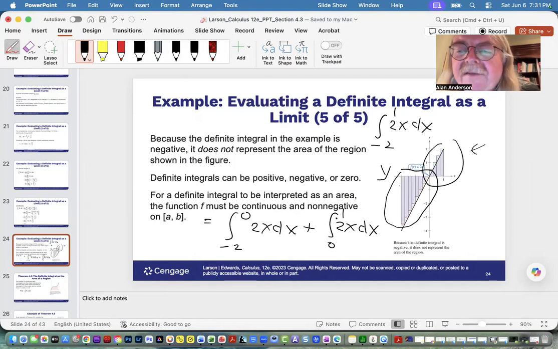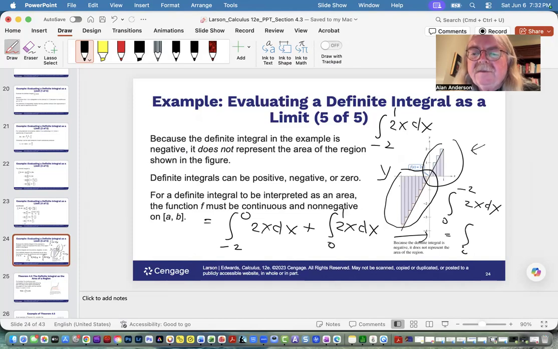But in order to avoid having a negative area, the one on the left could be rewritten as, and that guarantees you'll get a positive value. And now you can interpret this as the area of the two sections, which we can then add together. Okay.